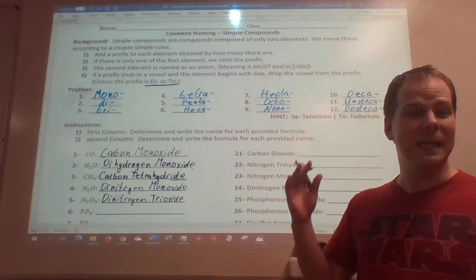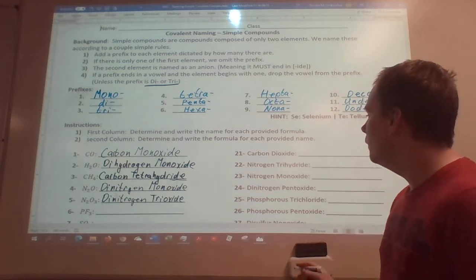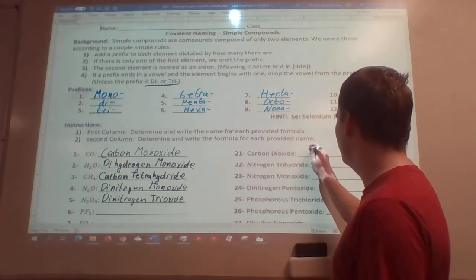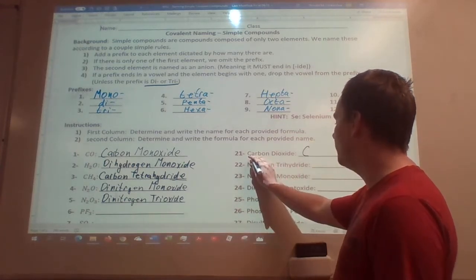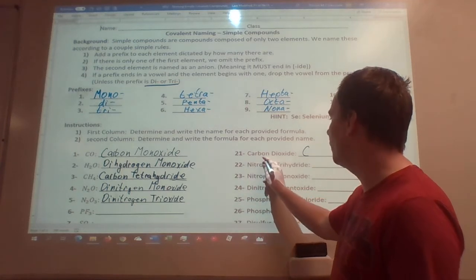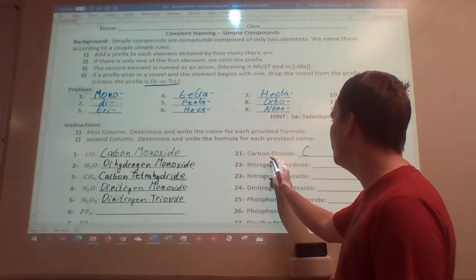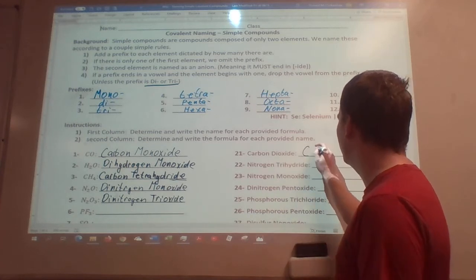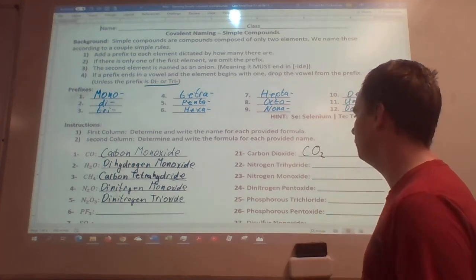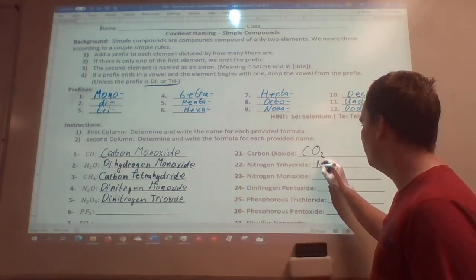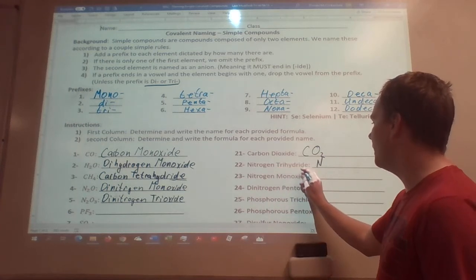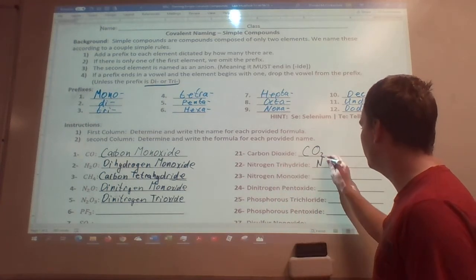It's actually even easier. So carbon, and since it's just carbon, there's no prefix, we know that it has to be just 1. Dioxide, so 2 oxygen. Nitrogen trihydride, so 3 hydrogen.